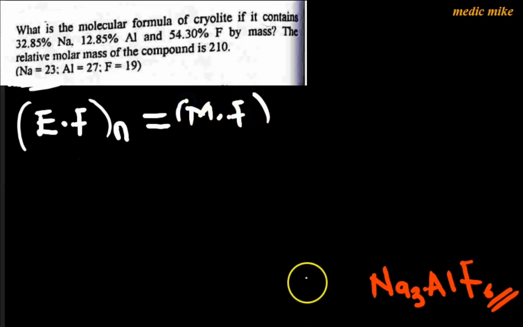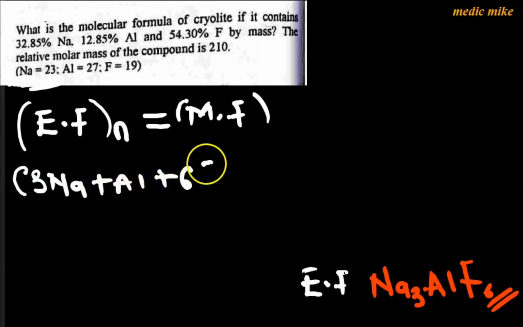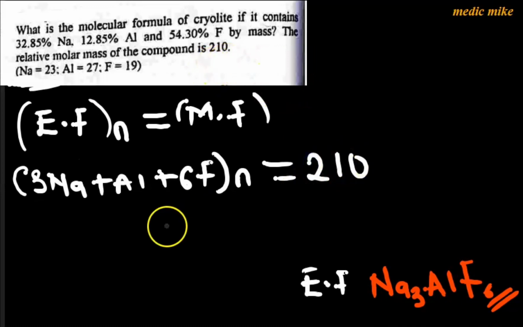So remember that this is the empirical formula we calculated. So we are just going to put it in brackets as (3Na plus Al plus 6F) n is equal to our molecular formula, which was given to us in the question as 210.